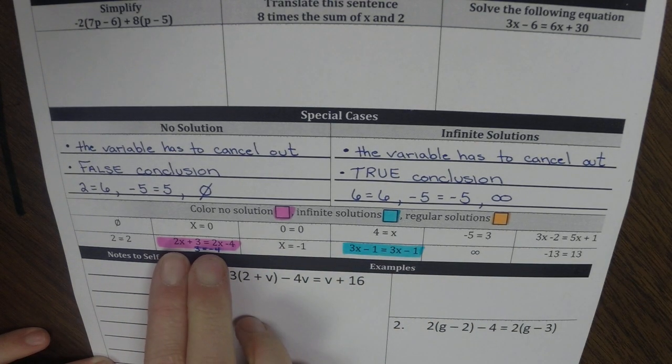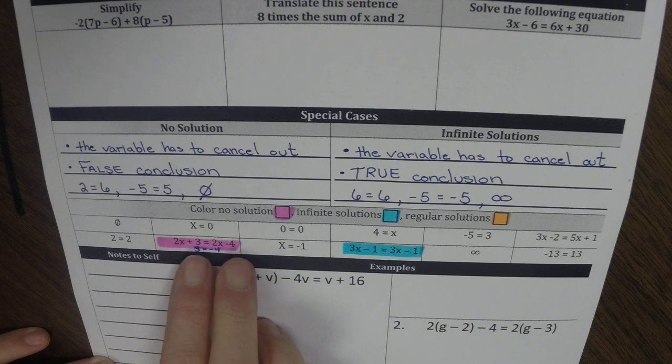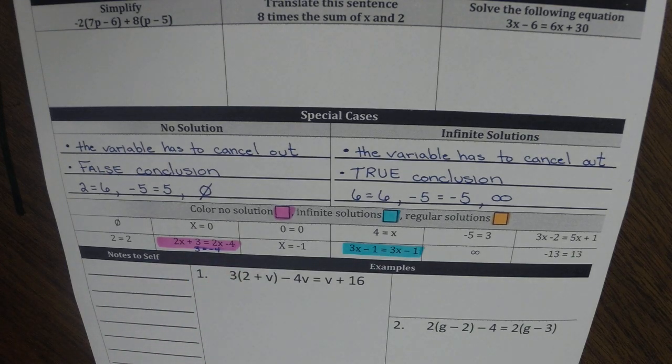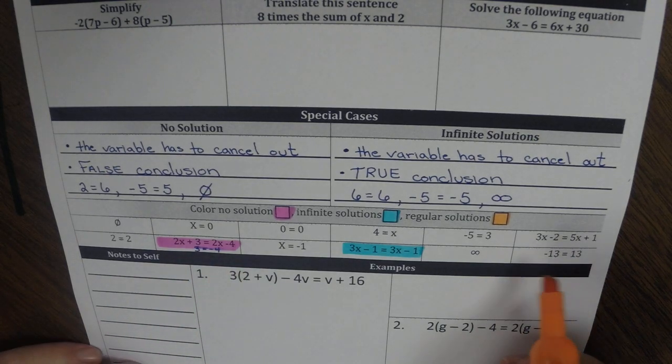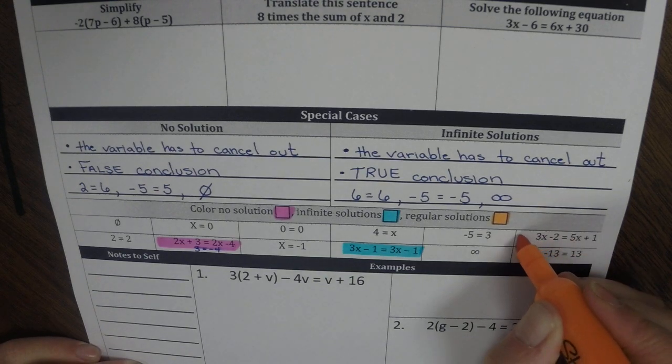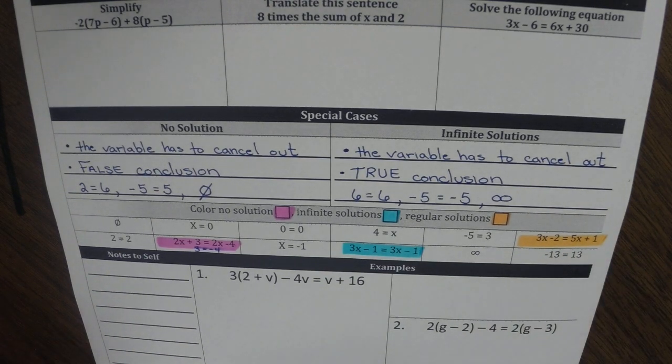If they're exactly the same except the constants are different, then that's going to be no solution. If neither one of them are the same, so we have a different x and different numbers, that's just going to give you a normal answer. So if you solve that, you would get x equals some number. Those are the 3 that I wanted to help you with.